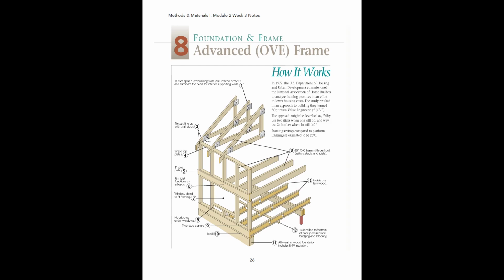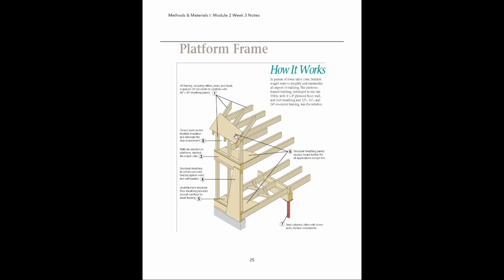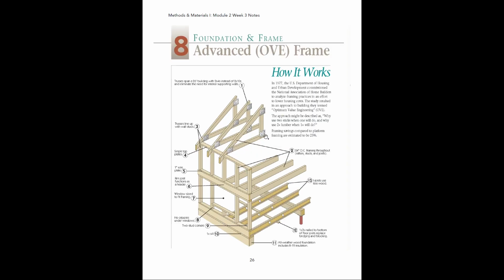Here you can see that we're using trusses instead of regular rafters, so the structural integrity of these is going to be a little bit better than what it would have been with older methods of building.